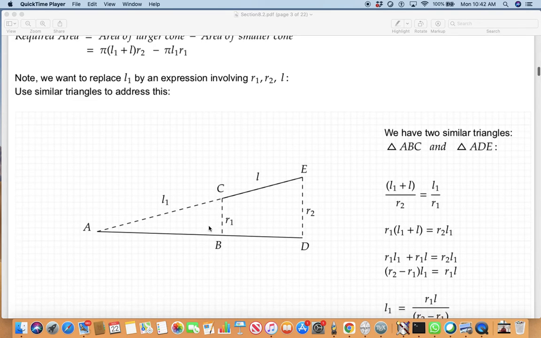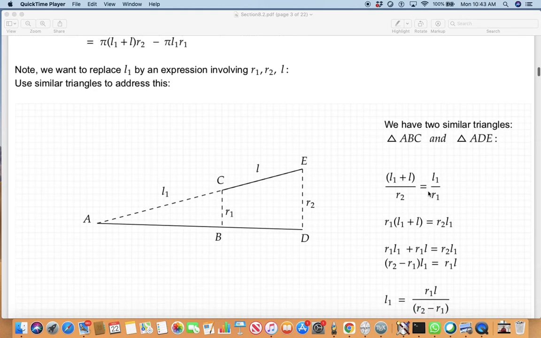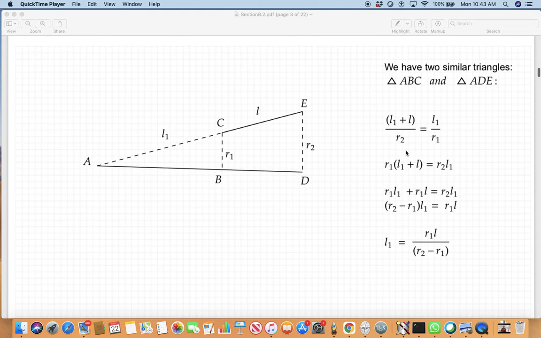So what does this say? The large triangle gives L1 plus L over R2. Okay, corresponding sides. And here we have L1 over R1. So in similar triangles, what do we have? Corresponding sides are proportional. Cross multiply: R1 times L1 plus L equals R2 times L1.